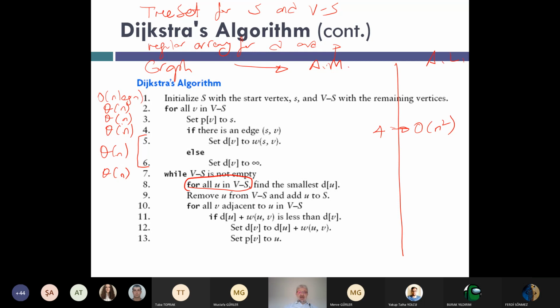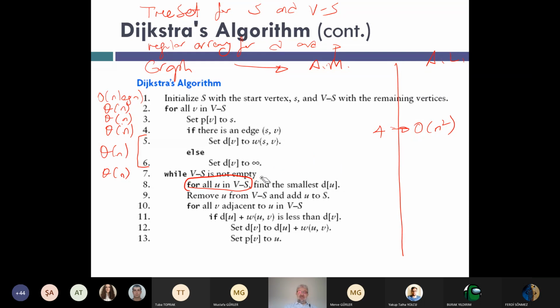And the size of V minus S will be different. At the first, we will have n minus 1 elements. Then it will become n minus 2, n minus 3, etc., right?